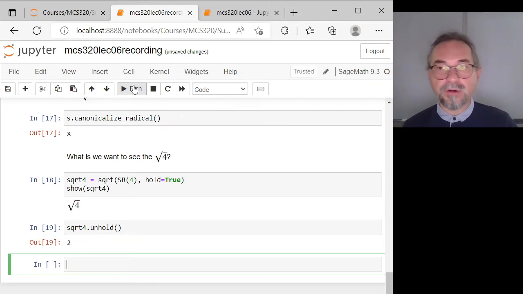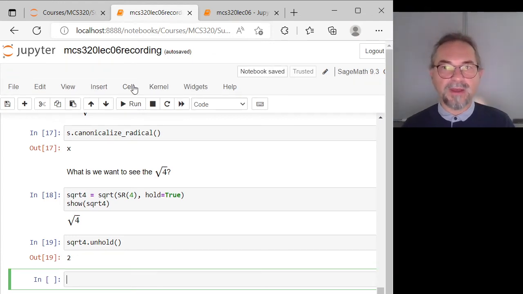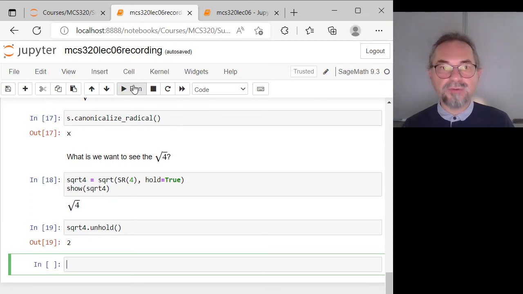Now for the square root of 4, why does the 4 become 2, and then the square root of 2 does not get evaluated? Well, the numerical value of the square root of 2 depends on the precision.